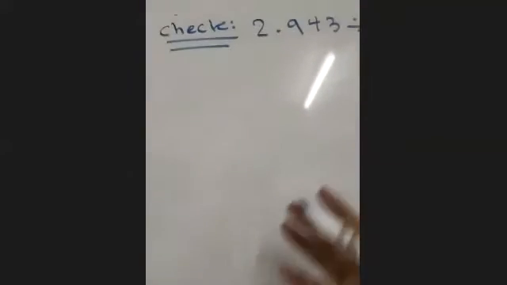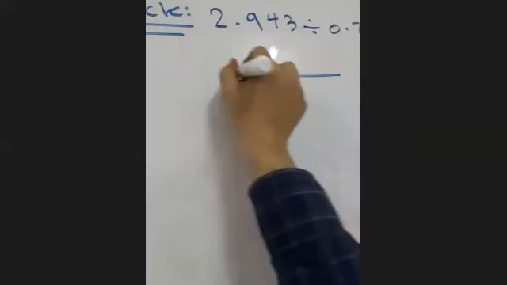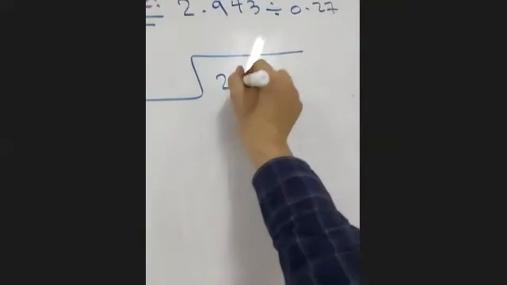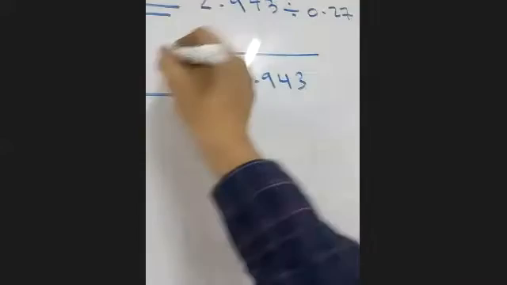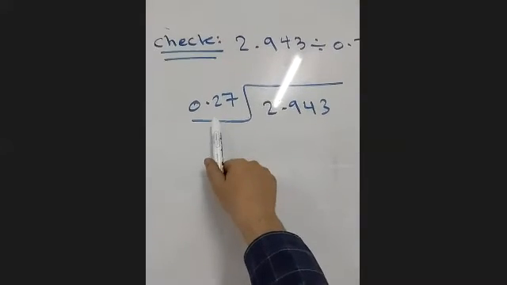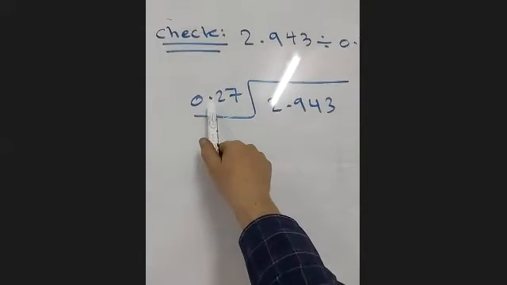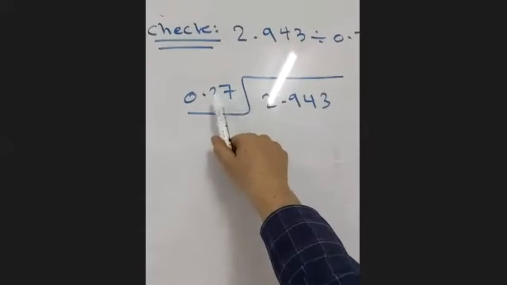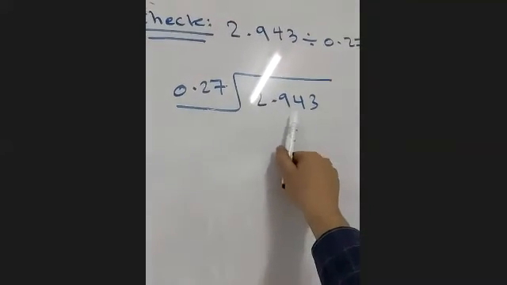Yalla, guys, with me. Now, let's make my long division to see where we will put the decimals here. This is the dividend, 2.943 divided by 0.27. Now, the divisor has a decimal. It shouldn't. So this decimal, I need to push it how many digits? 2 digits. If I push 2 digits here, I need to do the same thing here.